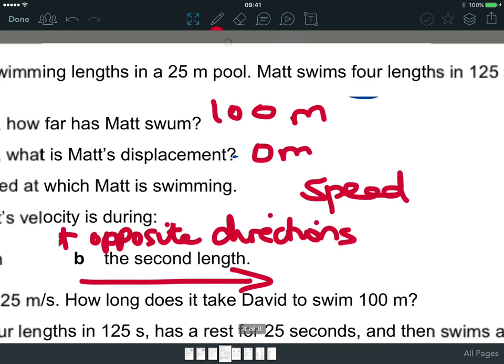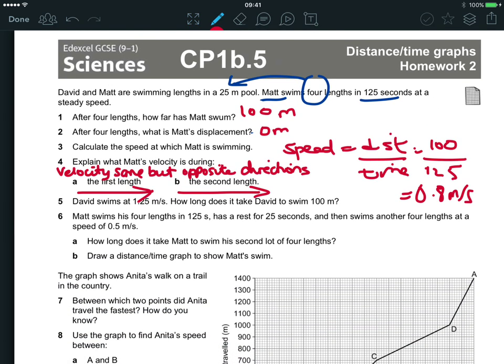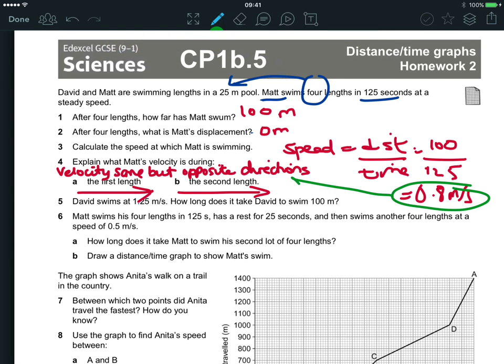Okay, and we do as well need to say, let's put in a different colour, very difficult to do this without a stylus. The velocity is going to be 0.8 metres per second. And you could say forwards and then 0.8 metres per second backwards. Perhaps using the plus and minus would have been more sensible in this case, but you get the idea anyway.